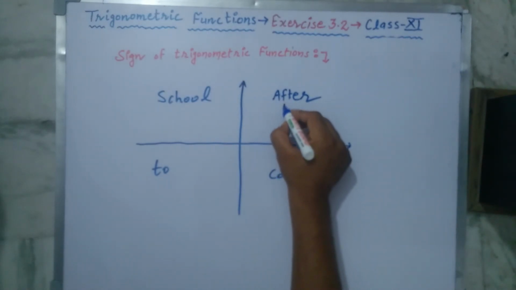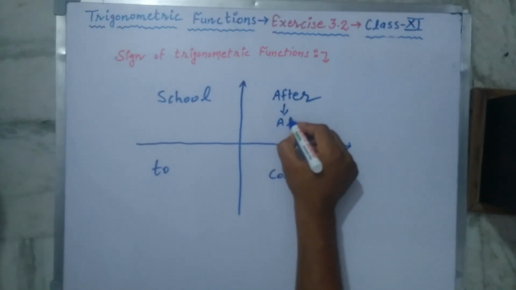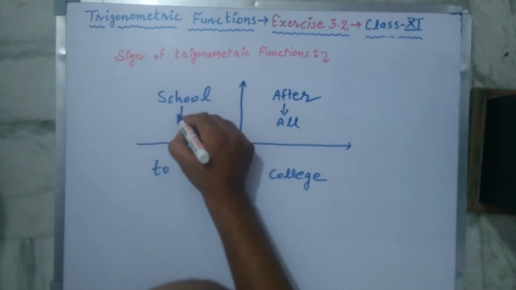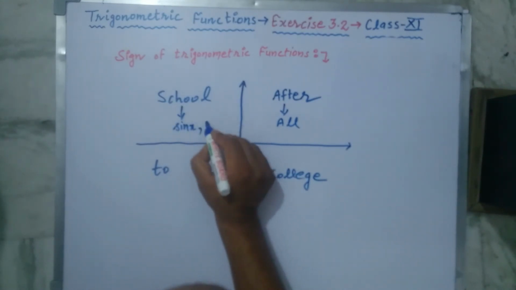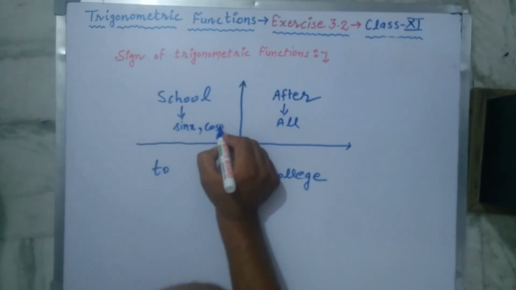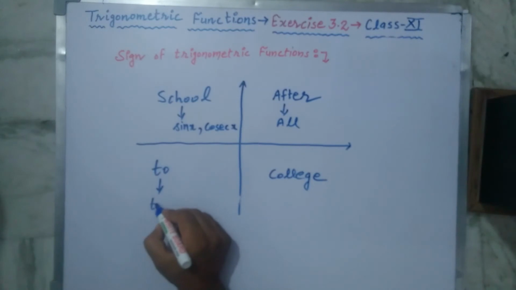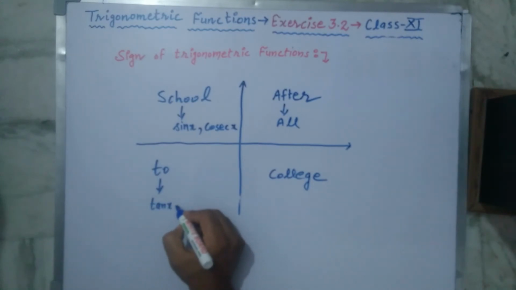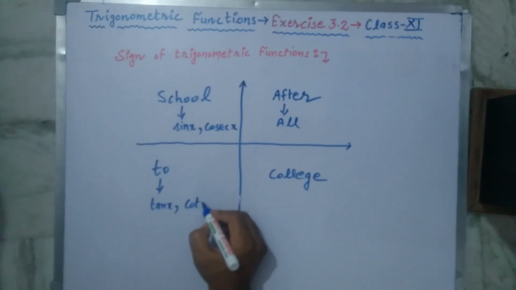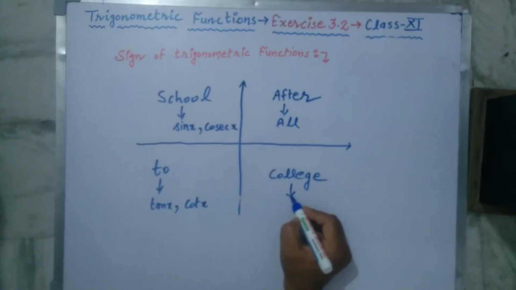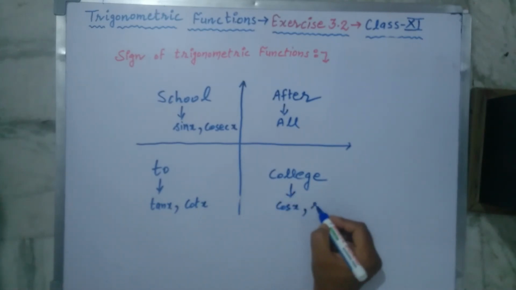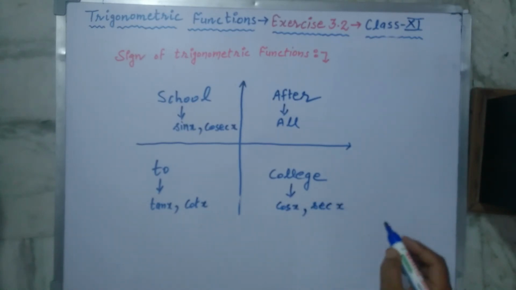After means all, school means sine of x and its reciprocal, to means tangent of x and its reciprocal, college means cos and its reciprocal are positive.